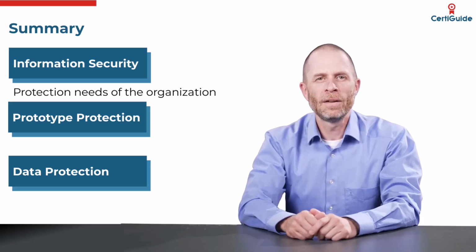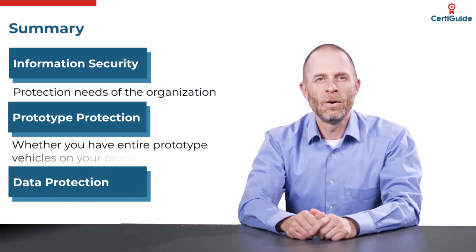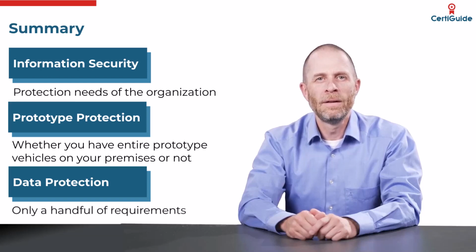Within the Prototype Protection tab, the requirements are grouped according to whether you have entire prototype vehicles on your premises or not. And finally, within the Data Protection tab, there is no further complexity, only a handful of requirements. In the next lesson, we work together to find out exactly which tabs and which requirements your organization needs to implement.